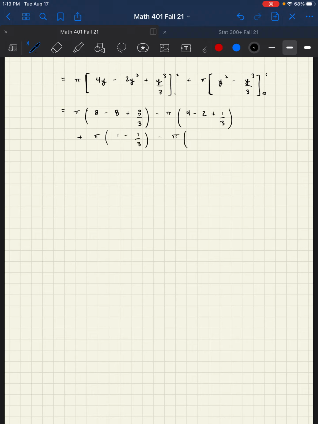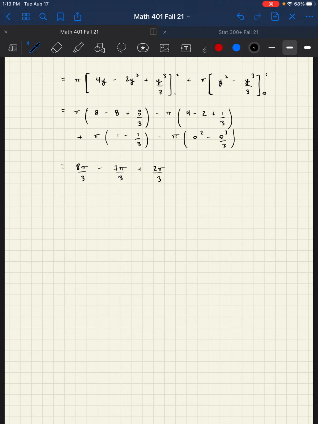So 1 squared is 1 minus 1/3, minus pi, and then that's going to end up being 0. So there's no need to actually write all this out, but I just wanted to illustrate that. The first set of parentheses reduces to 8 pi over 3. The second one will become 2 plus 1/3, which is 7/3.